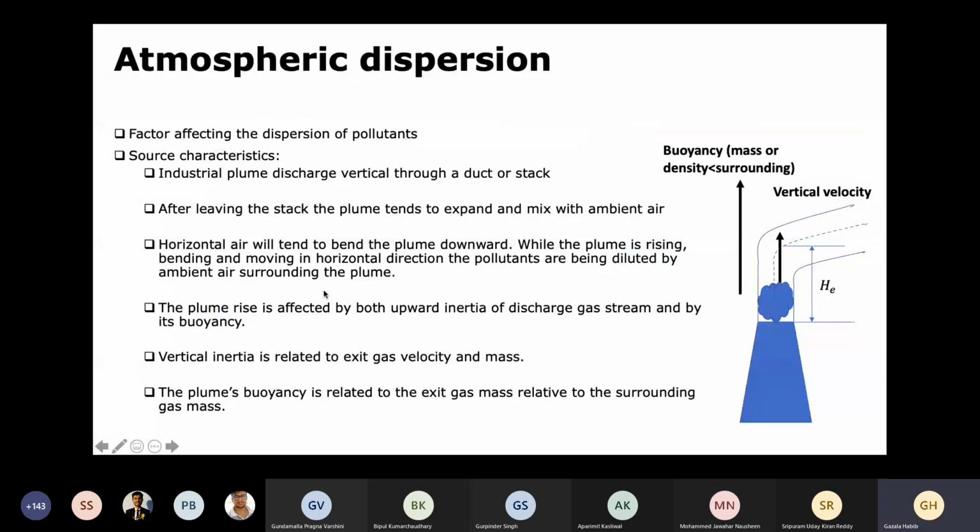So, what are the factors that affect the dispersion of the pollutant?